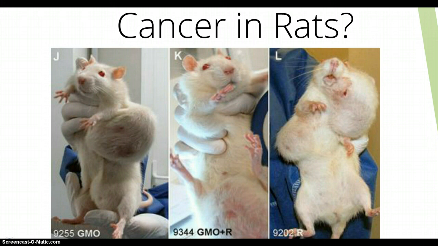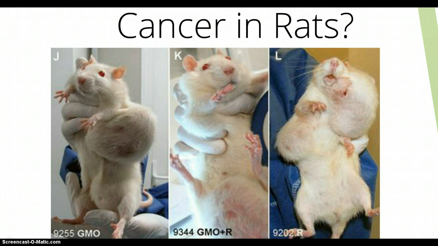So they had 200 rats, and they split them into 20 groups, and each group had 10 rats in it. They kept 2 of these groups as controls, so the controls ate not genetically modified corn, and then the 18 other groups ate genetically modified corn, or they had the herbicide Roundup mixed into their feed.